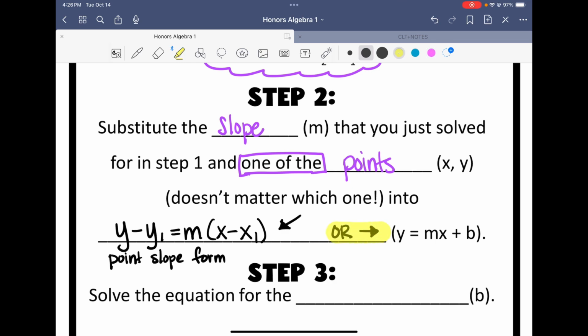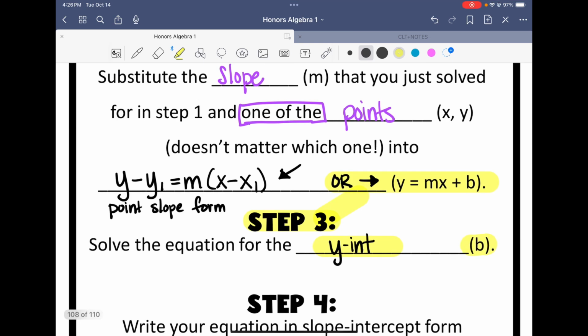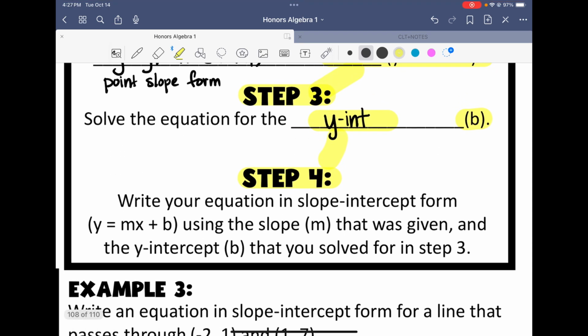If you are using slope intercept form, then you move on to step 3, solve the equation for the y-intercept, b, and then step 4, write your equation in slope intercept form.